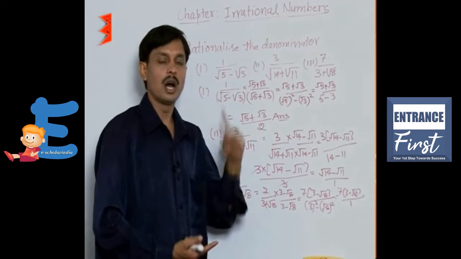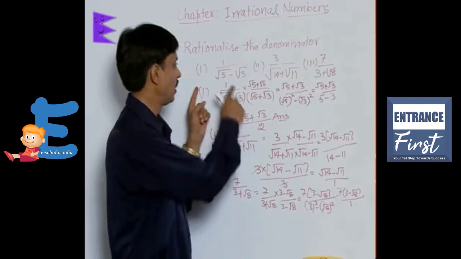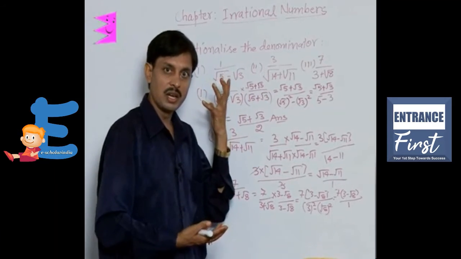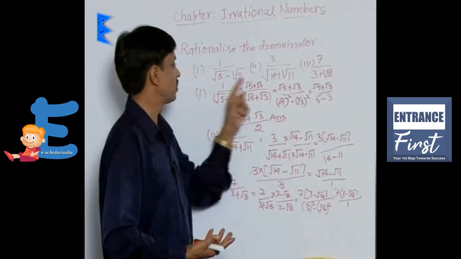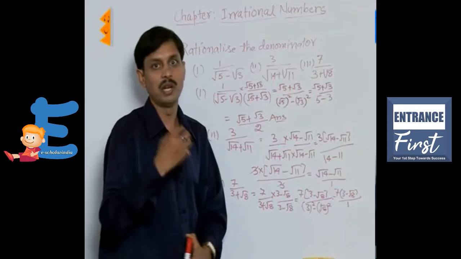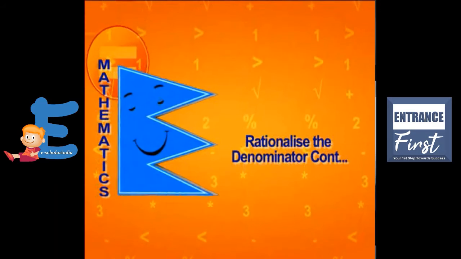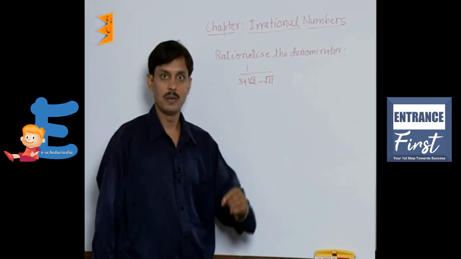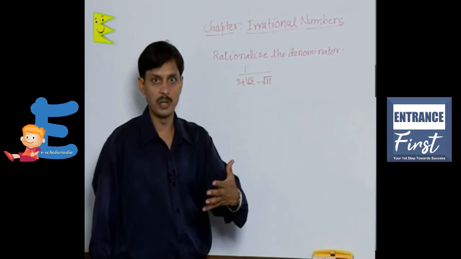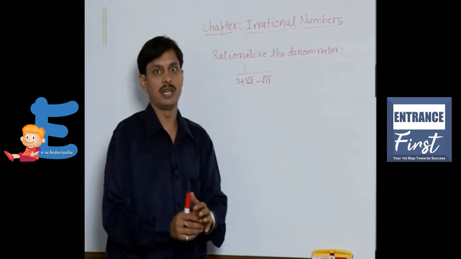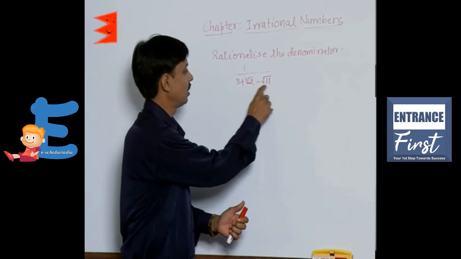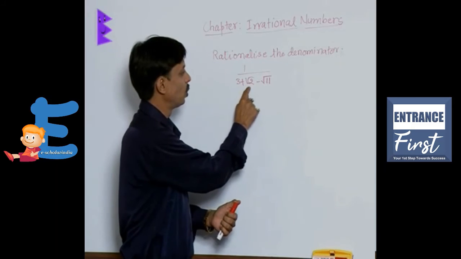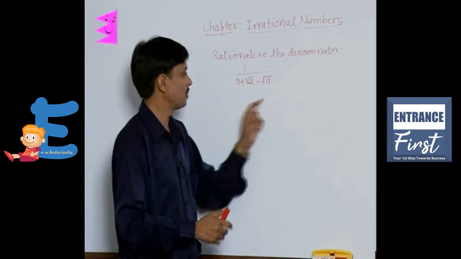Now I will tell you how to rationalize the surds or irrational numbers having 3 terms in the denominator, that is the trinomial type question. Now I am taking an example where I will explain how to rationalize a question where the denominator is a trinomial: 1 upon 3 plus root 2 minus root 11. 3 terms.